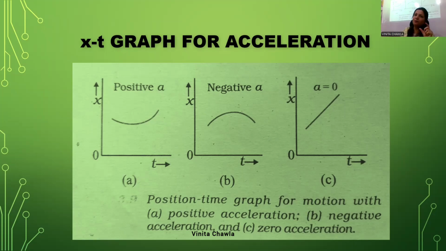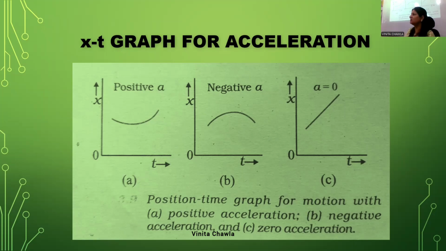If we assume acceleration to be uniform, that is, not changing, then s is equal to half at square. We have just one factor on which displacement depends, and that is time. Displacement is directly proportional to square of time if acceleration is constant.